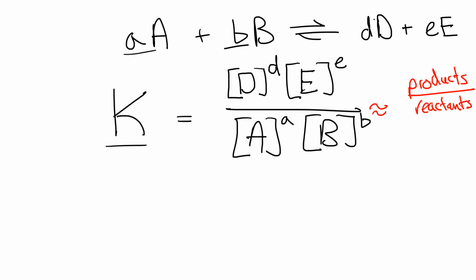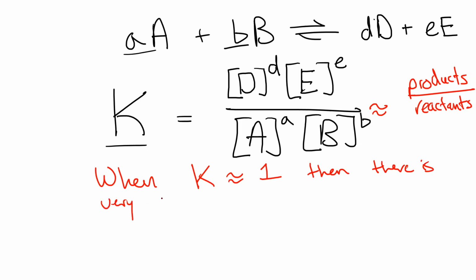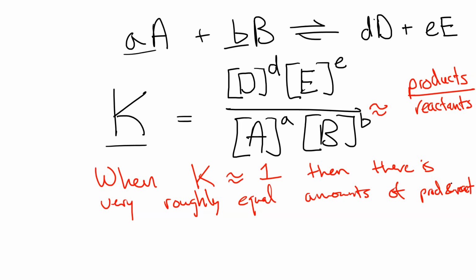It's not perfect because you may have different types, and the exponents can make a difference, but very roughly equal to products over reactants. Does that make sense? Okay, and if that's true, then when K is roughly equal to 1, there are very roughly equal amounts of product and reactant, okay?